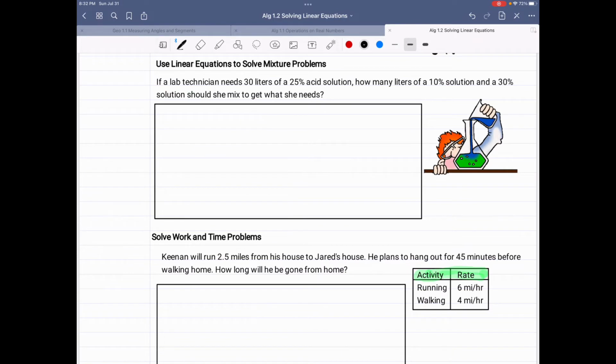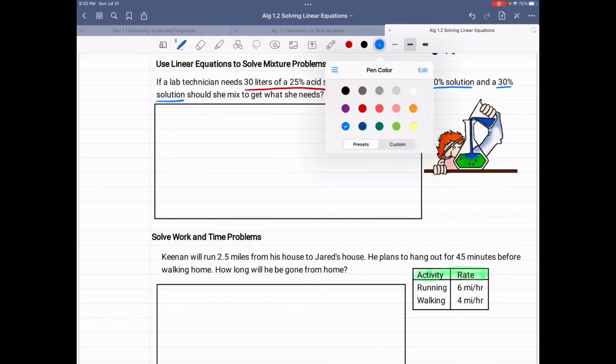Solve or use linear equations to solve mixture problems. If a lab technician needs 30 liters of a 25% acid solution, how many liters of a 10% solution and a 30% solution should she mix to get what she needs?